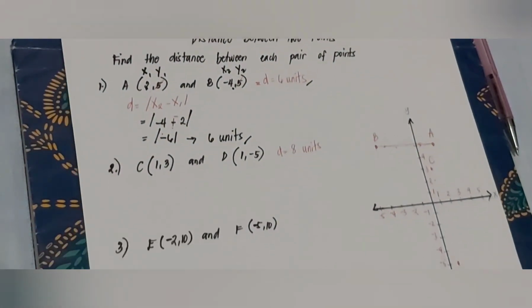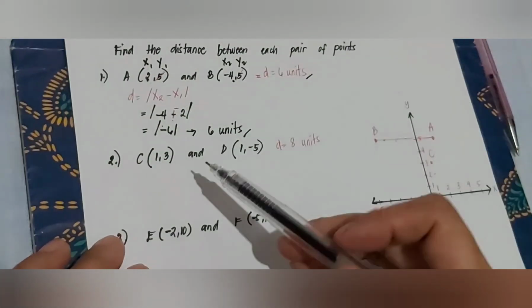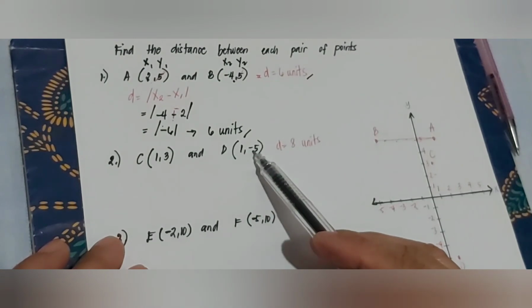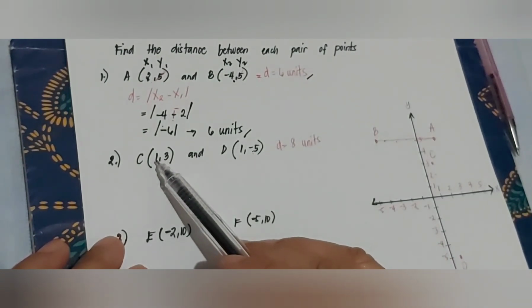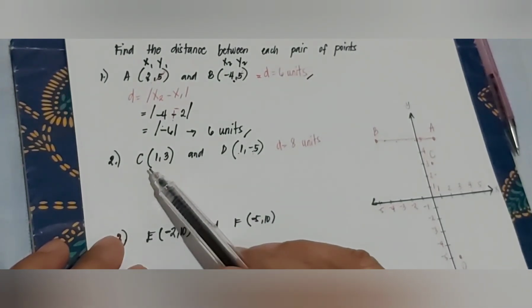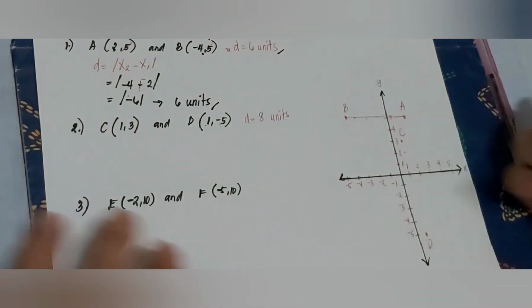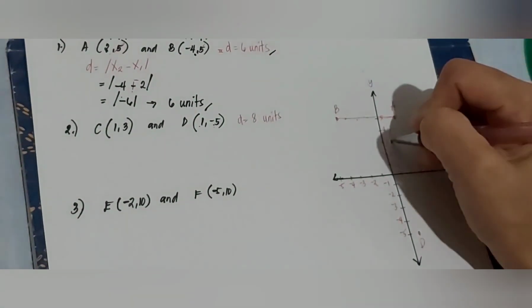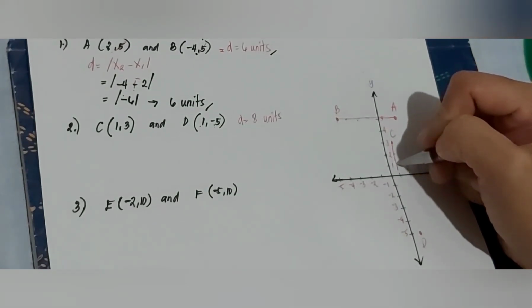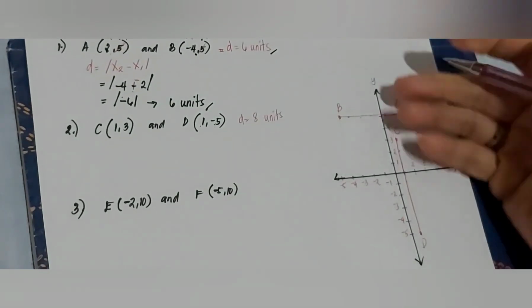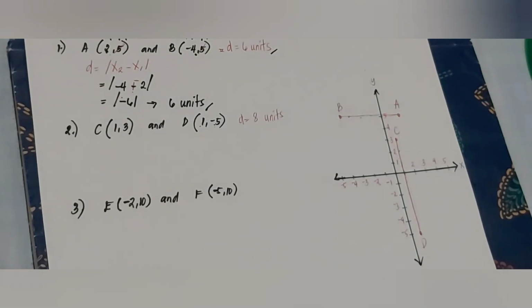Okay. So let's try it for number 2. We have (1, 3) and (1, -5). Pareho ang ating x. So, ang ating graph ay vertically aligned. Looking back, if we connect this point C to point D, ayan, naging straight line siya na pababa.